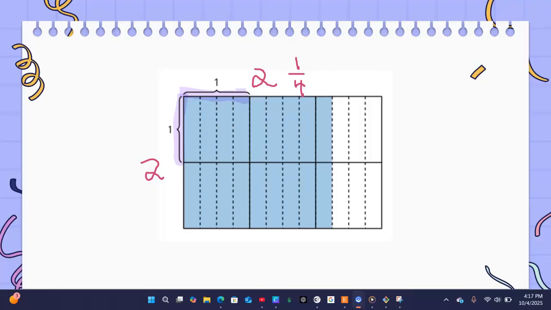So one of the expressions that you could write is 2 times 2 and 1/4. And I'm going to show you how to solve these in just a moment. Or I can write 2 and count each of these boxes for this first row. How many do we see shaded? We see 1, 2, 3, 4, 5, 6, 7, 8, 9.